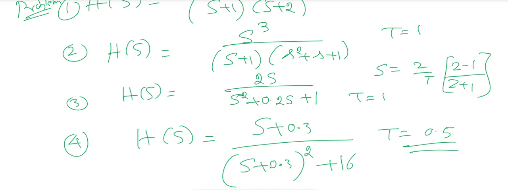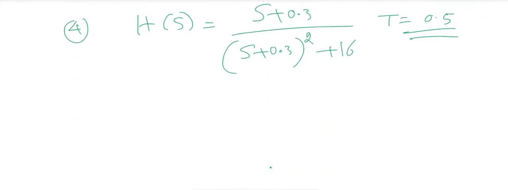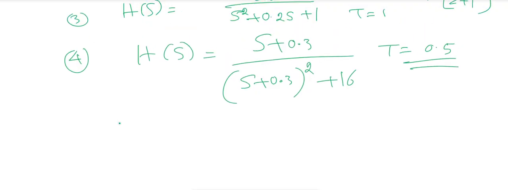So you can then apply the partial fraction methods. Okay, so I think I will conclude this session. In IIR filter design, for conversion of analog to digital filter, there are two transformation techniques: bilinear transformation technique and impulse invariant method.